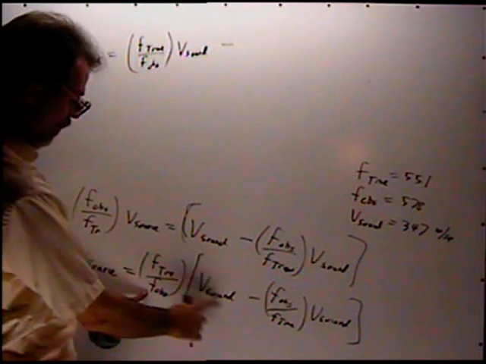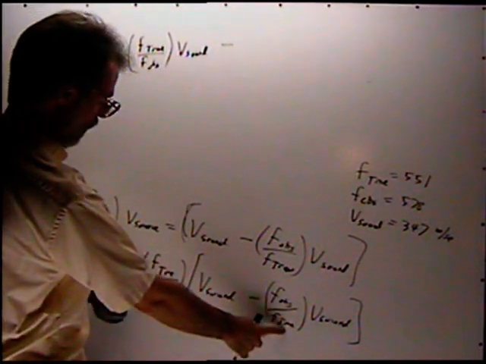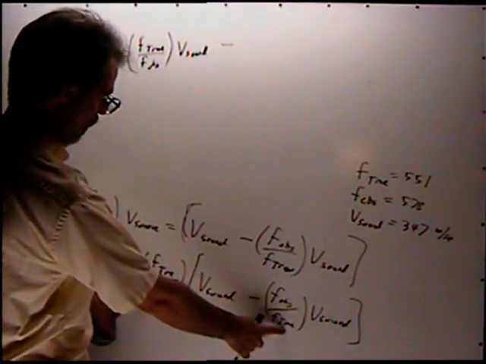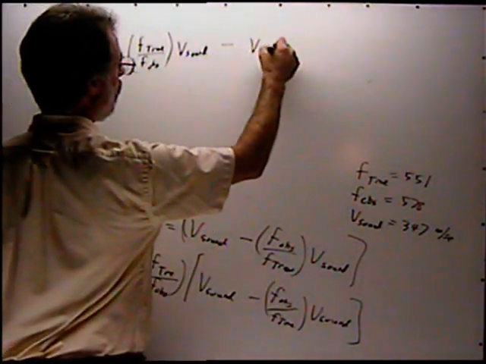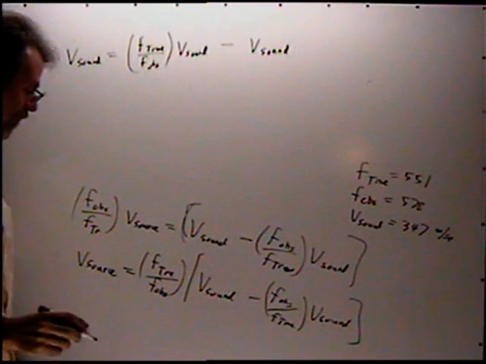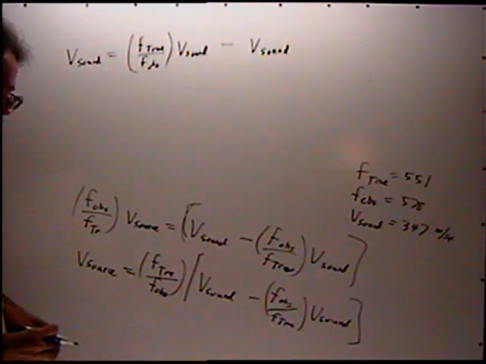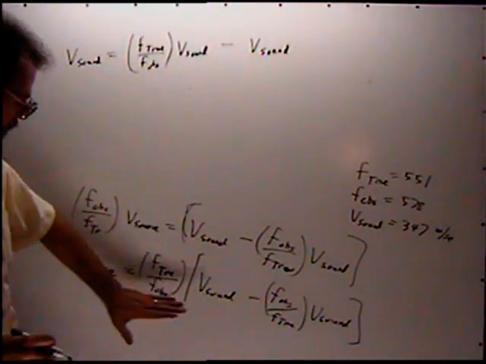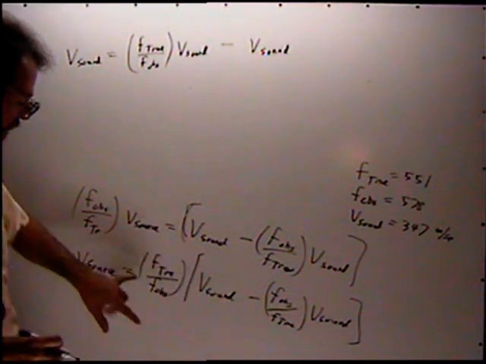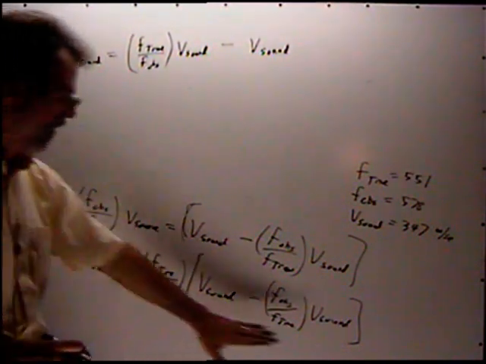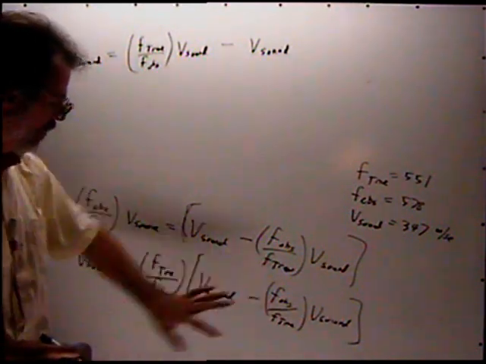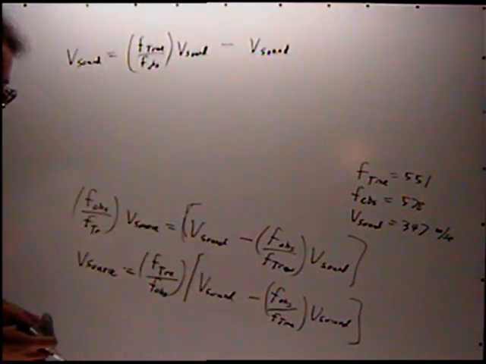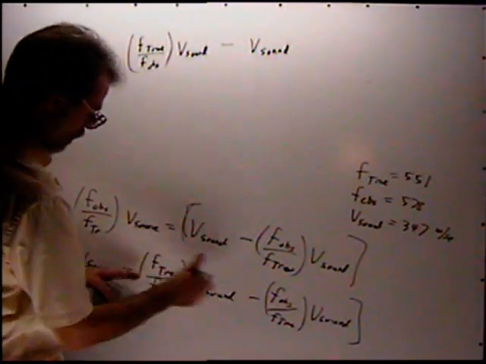When I multiply through on this term over here, these completely cancel each other out, and I'm just left with V sound. Does that make sense? I multiply this fraction by V sound, then I multiply the same fraction by this term over here, and these F ratios completely cancel each other out.